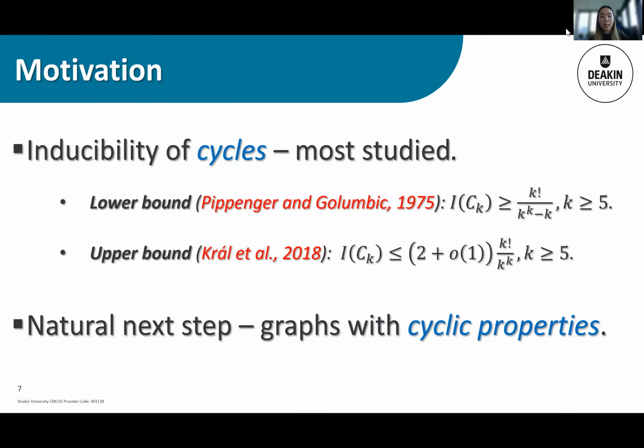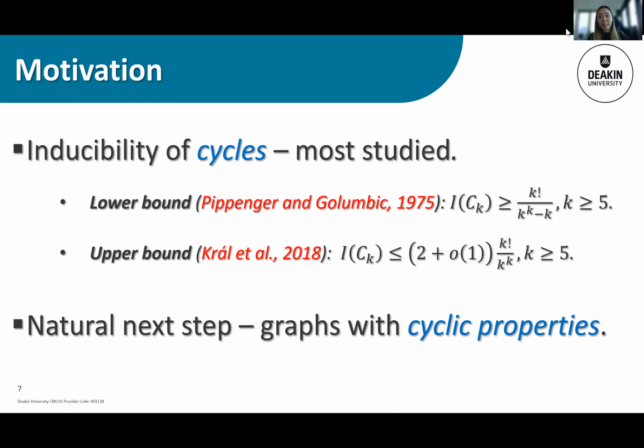In recent years, Crowell and others gave an upper bound for the same family as well, but this bound is not tight. So the natural next step is to look at graphs with similar cyclic properties.